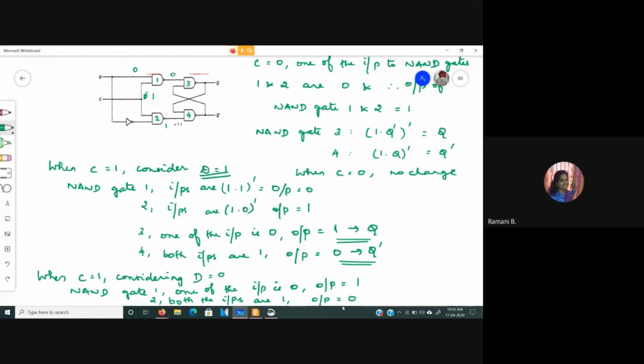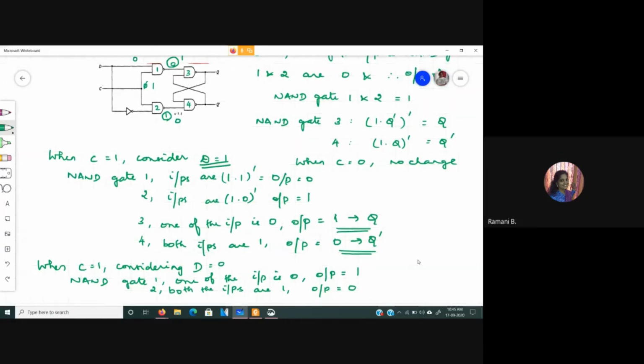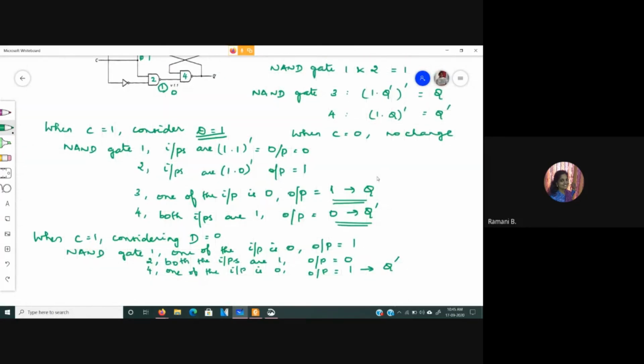So for the fourth NAND gate, now one of the inputs is 0, so your output is equal to 1. This is Q bar. Now this Q bar is fed back over here. So for the third NAND gate, both the inputs are 1, so the output is 0. This is my Q. Okay?